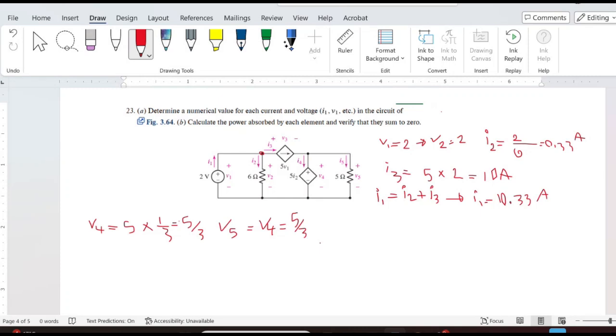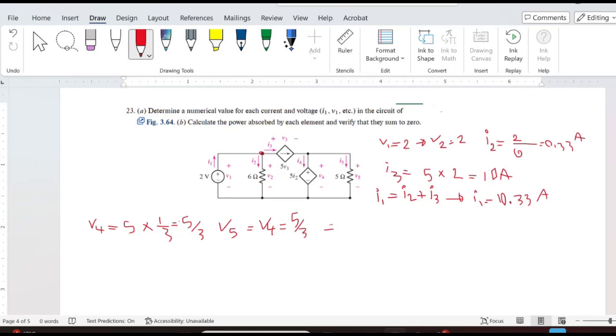Now, I guess the next thing that we can calculate is the voltage V3. And we can pick different loops and write the balance of voltage, or KVL, to find V3. Let me do it with the source, V1, and then I can go to V3, and then I can go to V4, and that's the way I'm going to close the loop.